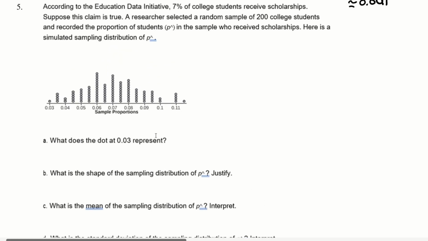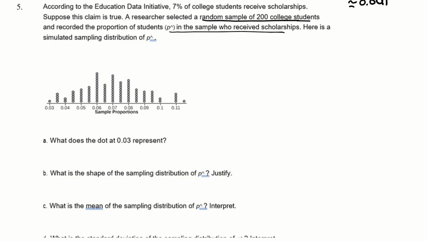Well, they said that we selected a random sample of 200 college students, and then recorded the proportion who received scholarships. So in this case, the dot at 0.03 represents the 200 students, where the proportion who received scholarships is 3%. So we're going to write that down here.